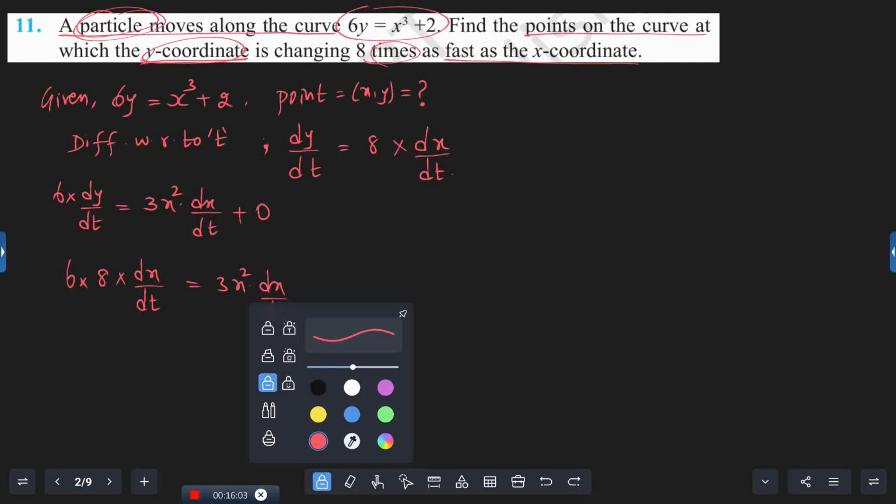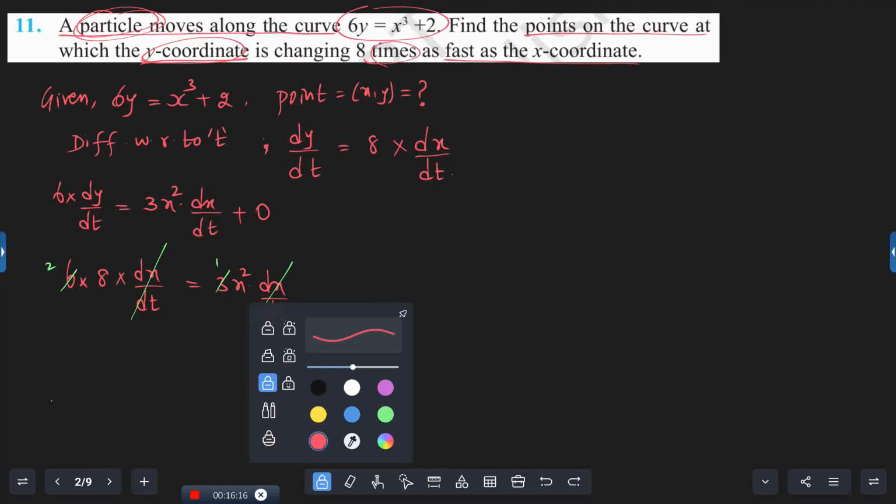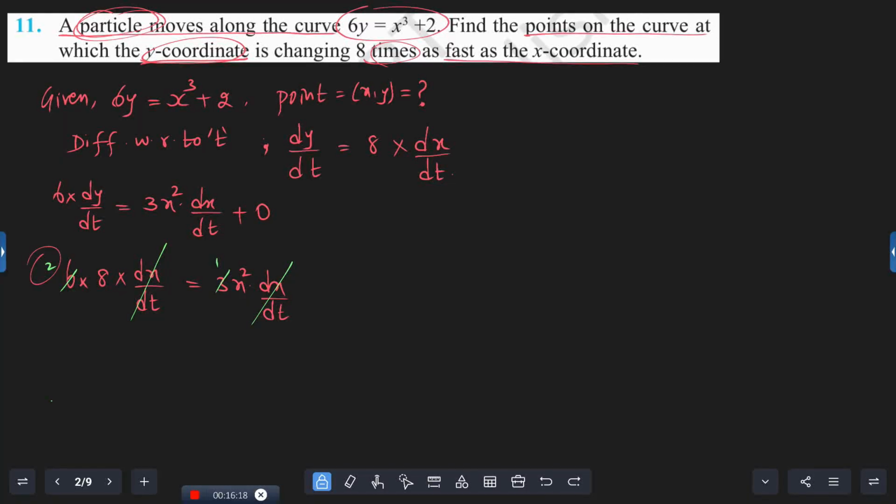Whatever is possible to cancel, you can cancel. So dx by dt cancels, and 3s cancel. Now just see, 2 into 8 is 16, which is equal to the remaining x square. When you send the square to the opposite side it becomes a root. Square root of 16, what do we get?